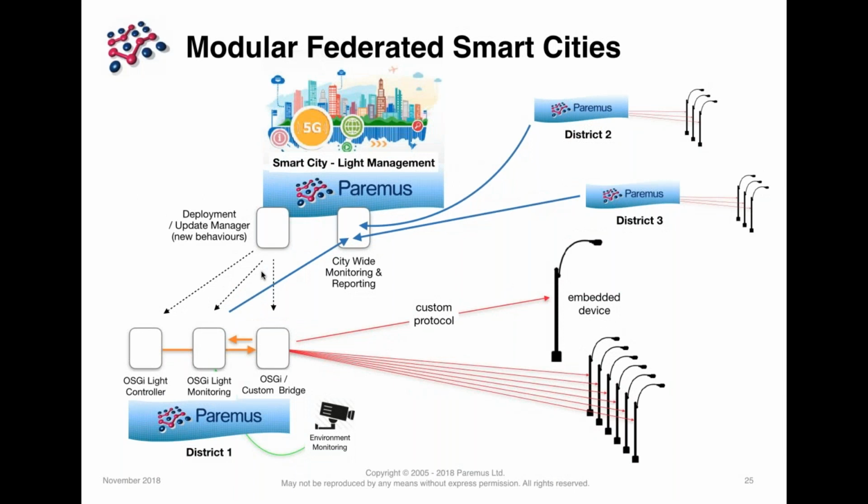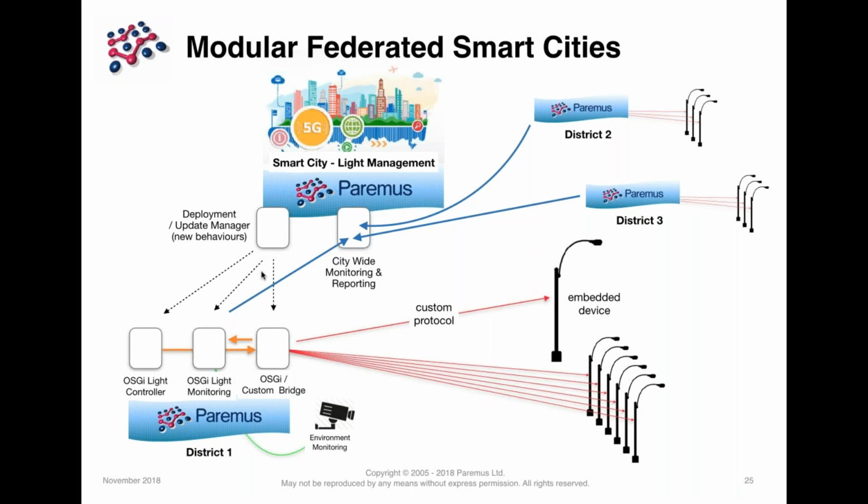So here you may have a number of service fabrics, perhaps one or two controller fabrics that are core to the smart city infrastructure, and then smaller fabrics which are responsible for managing various districts and various functions in those districts as part of the overall federated architecture.